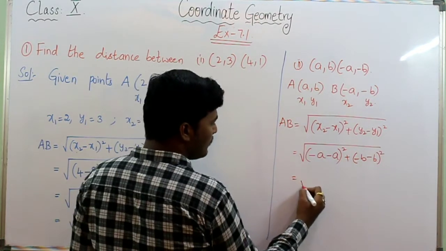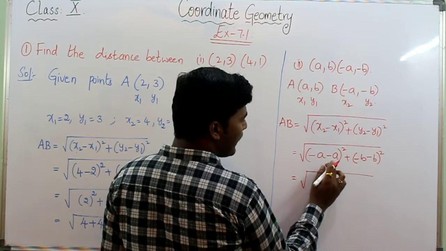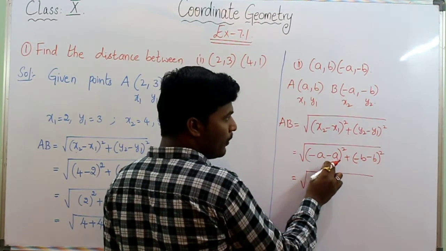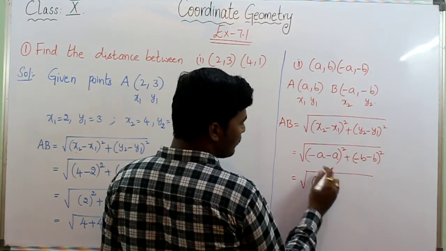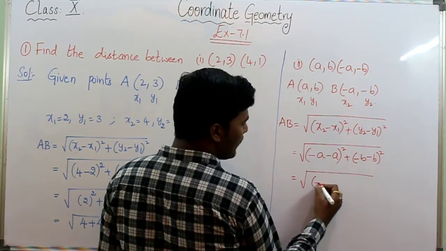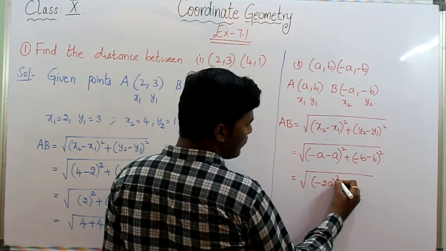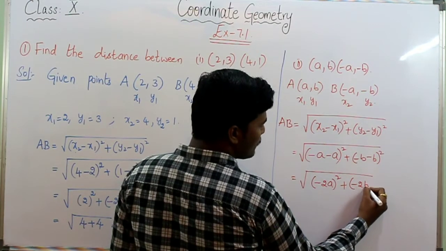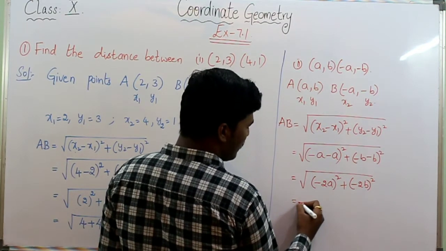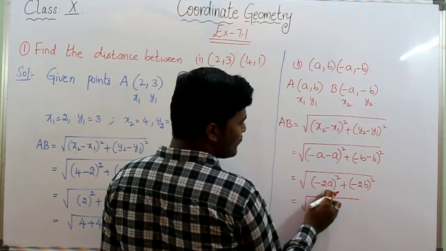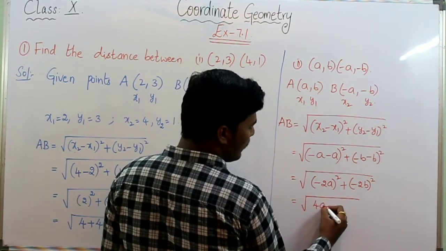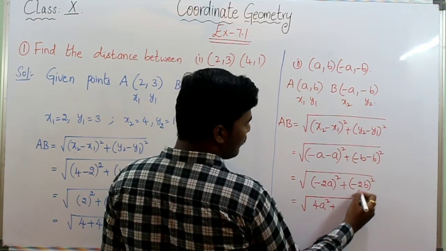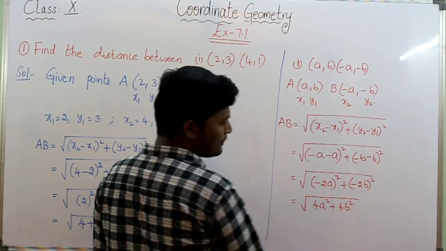Okay, so now this implies both are negative, so addition should be performed, but the symbol will be negative. So minus a minus a will become minus 2a whole square plus minus b minus b will become minus 2b whole square. This is equals to minus 2a whole square is nothing but 4a square plus 4b square.